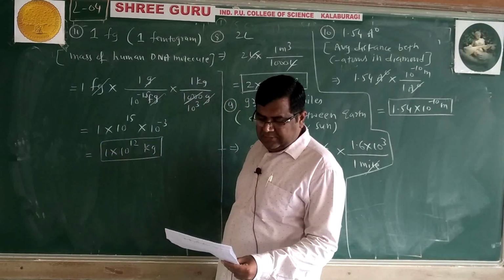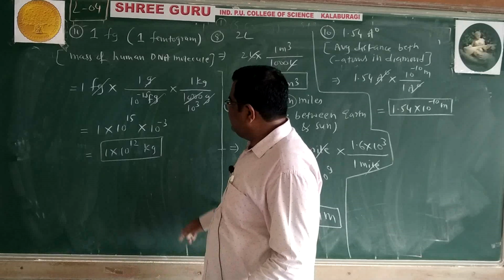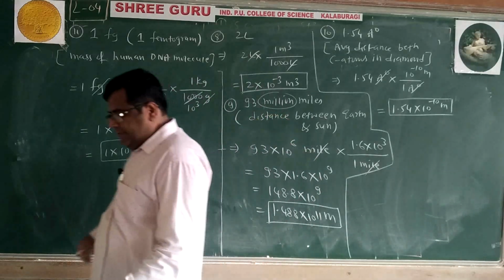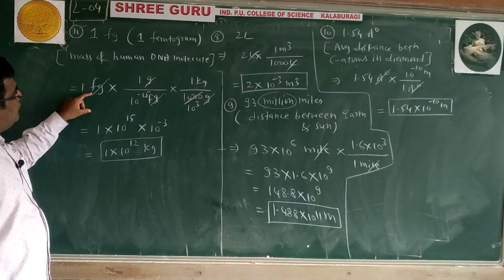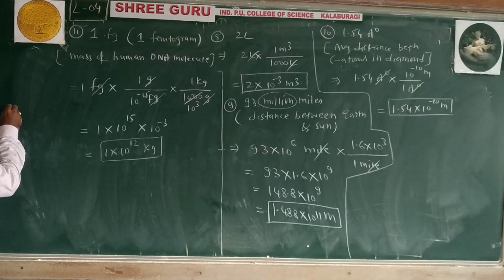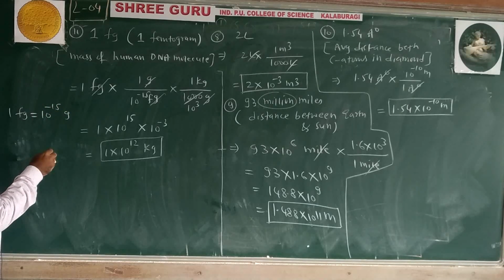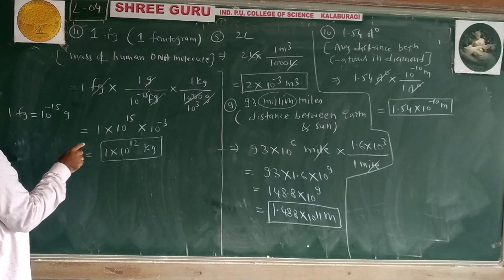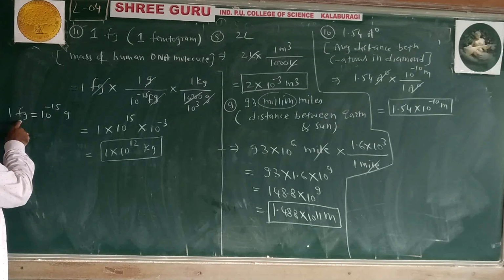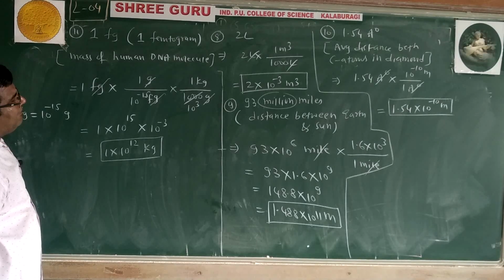Yes, this is the, no, this is 1 femtogram. See whether I have it right. 1 femtogram is equal to 10 raised to minus 15 gram. So no, it is correct only, right? So this is 1 gram. If we put 1 gram, this will be 10 raised to minus 15. And this is 1000 gram.